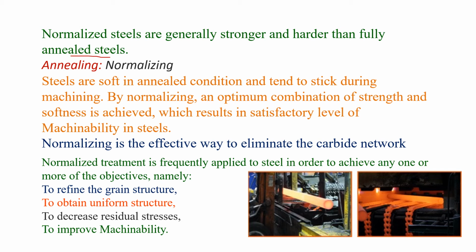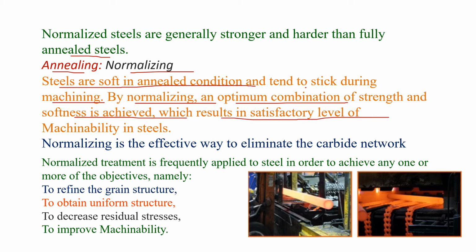In the comparison between annealing and normalizing, steels are soft in the annealed condition and tend to stick during machining. By normalizing, an optimum combination of strength and softness is achieved, which results in a satisfactory level of machinability in steels.